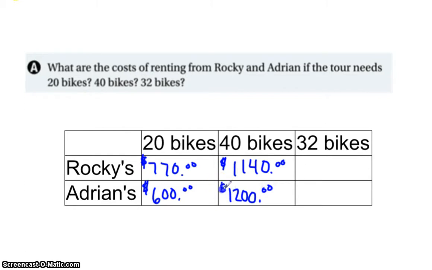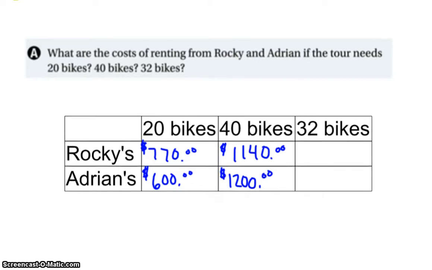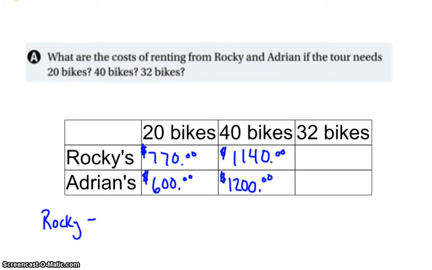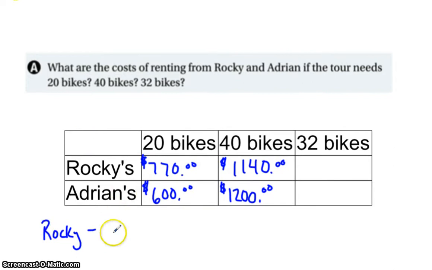All right, now, for 32 bikes, okay, we have a couple of different things we can do. For Rocky's, we're going to simply subtract the cost for 30 bikes from the cost for 35 bikes.